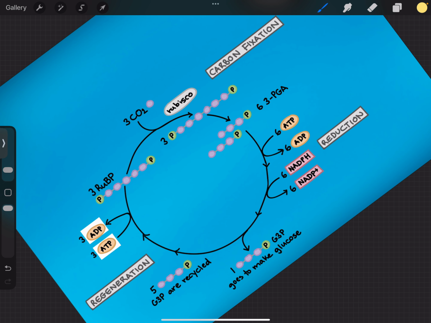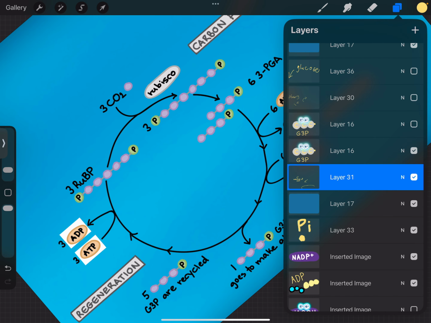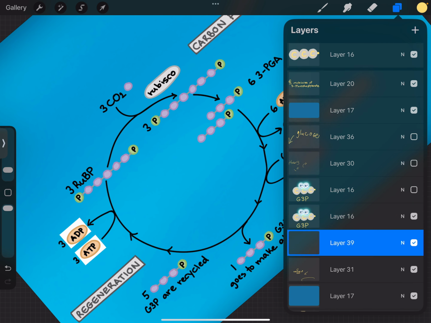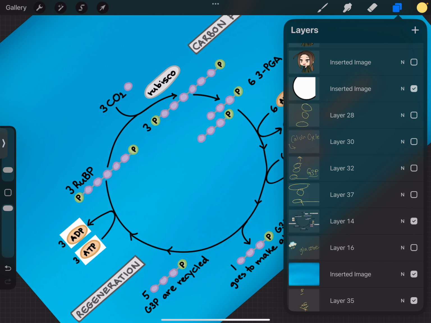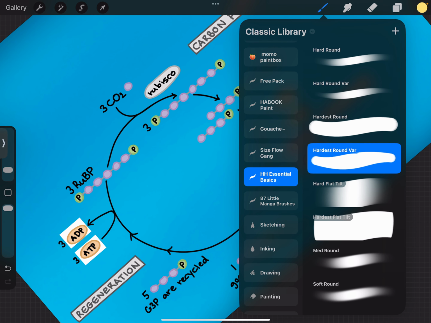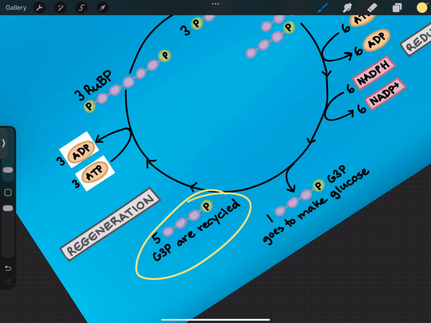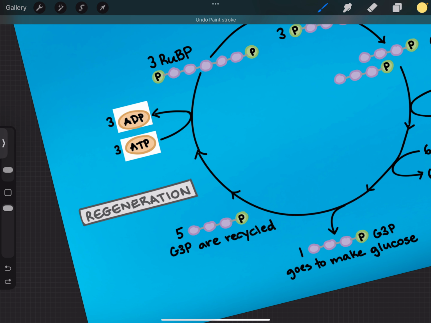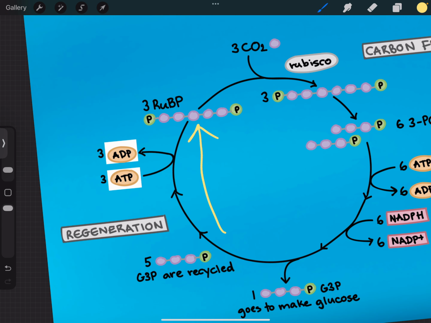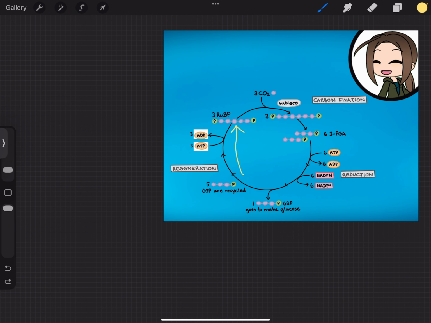So as you can see right here, one of them goes to make glucose, while the rest are recycled and used to make RuBP and to continue the cycle. And we'll learn more about that in phase 3.